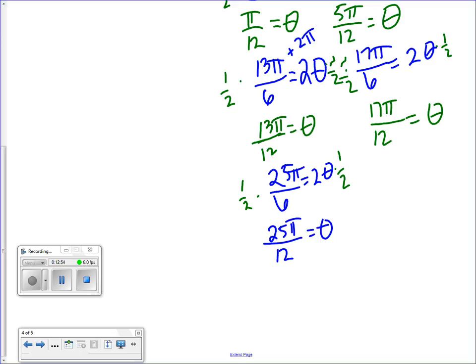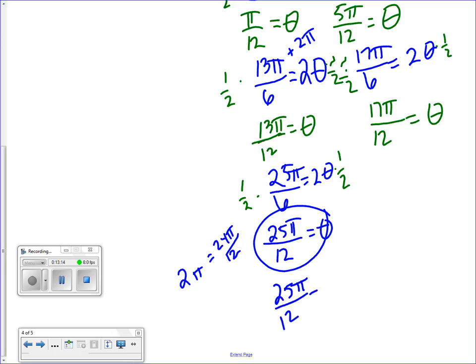But I can tell that that's an extra solution because 2 pi, if I think of it in terms of twelfths, is 24 twelfths. So this has gone more than 2 pi. And in fact, if I subtract 2 pi from it, I get pi over 6, which is a solution that I already have. So I can stop here because this solution is more than 2 pi.